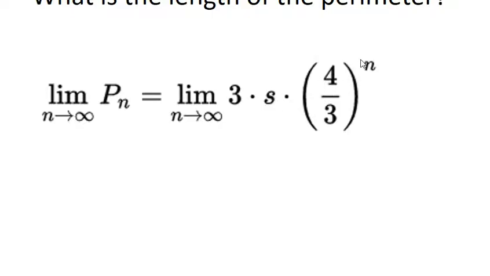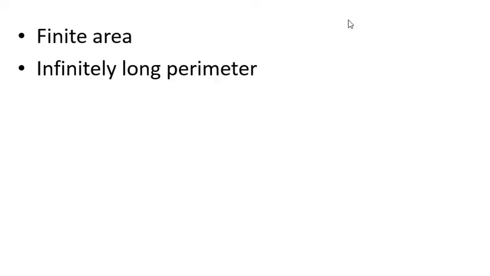The difference here, though, is this limit. 4 over 3 is bigger than 1. So as n goes to infinity, where is this limit going to? Infinity. That's bizarre. So you've got something that has a finite area. We calculated the area, but yet it's infinitely long. So it's really, really, really convoluted shape. So in summary, it's got a finite area, but it's got an infinitely long perimeter.